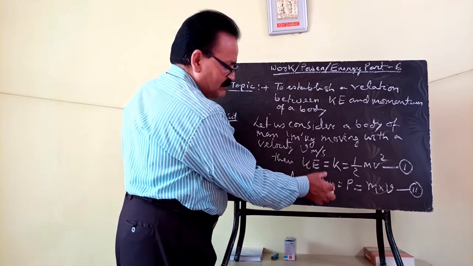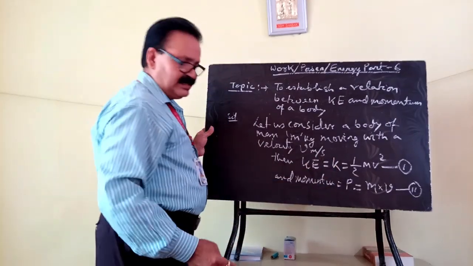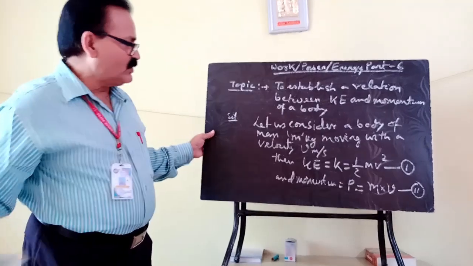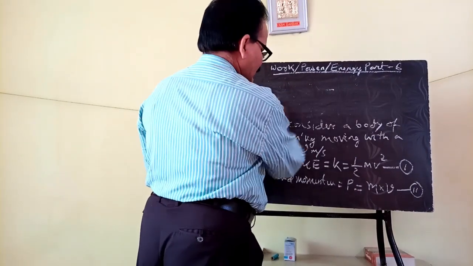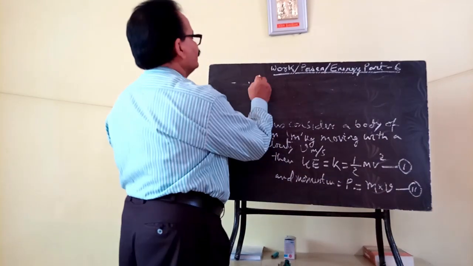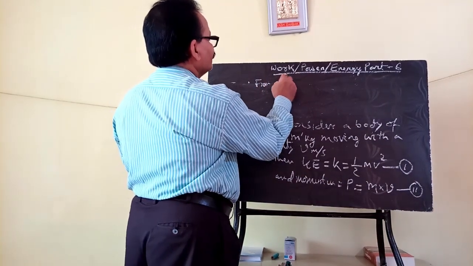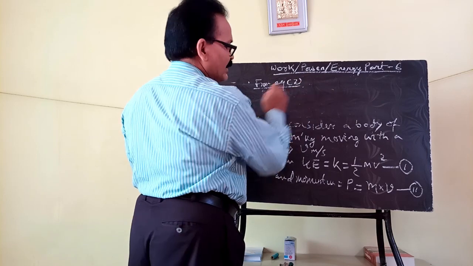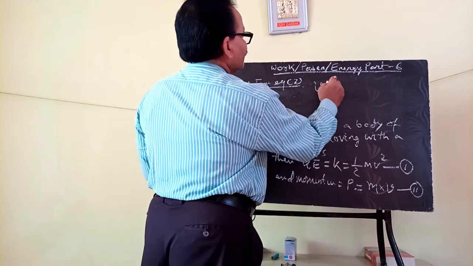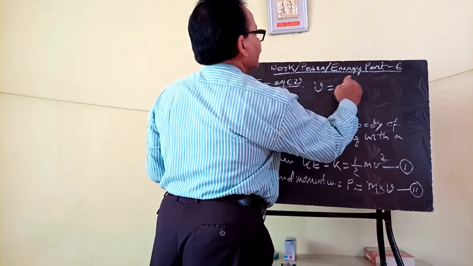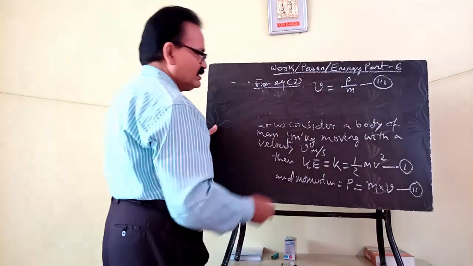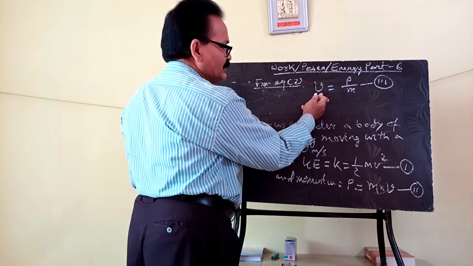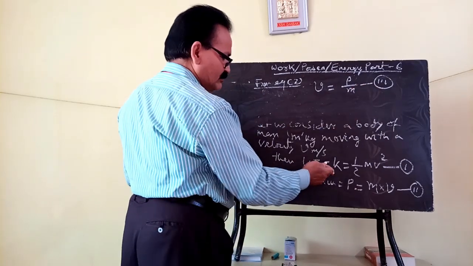Now I have to establish the relation between momentum and kinetic energy. So for that, I require some space. You see from equation 2, we have v can be written as P by m. This you can take as your equation 3. Now substitute the value of v from equation 3 in equation 1.